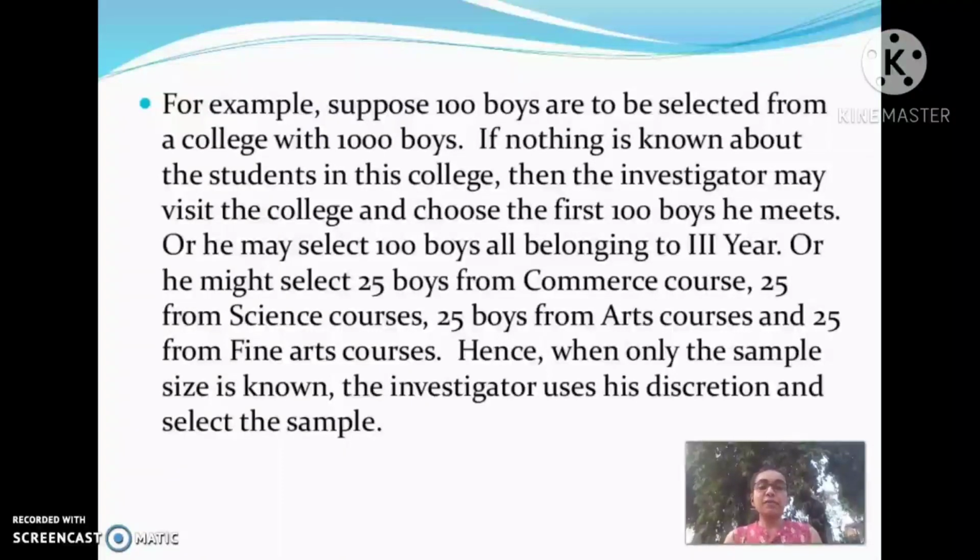Hence, when only the sample size is known, the investigator uses his discretion and selects the sample.